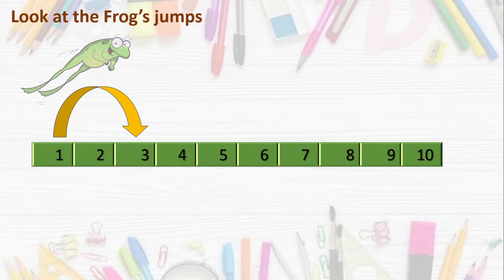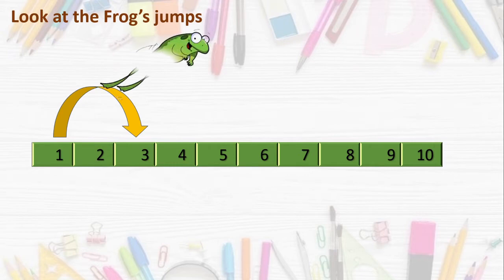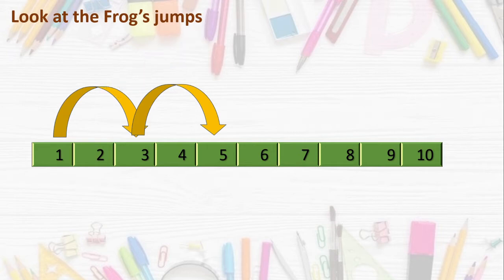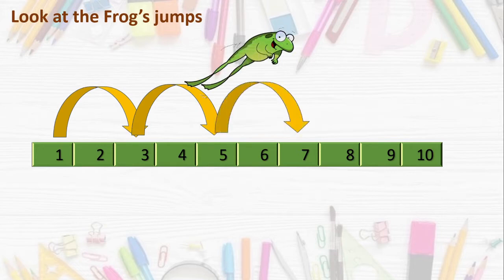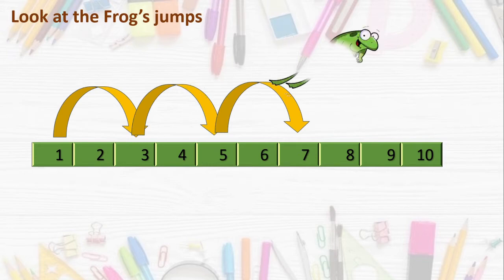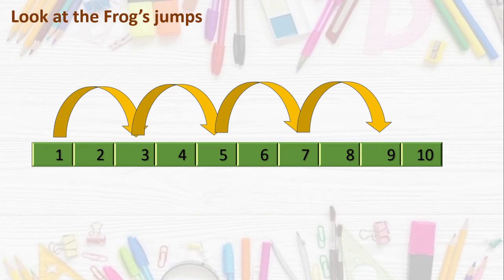Next, it takes the jump from number 3 to 5. Then it jumps from number 5 to number 7. Then it jumps from number 7 to number 9. For the children, here we will count the frog's jumps.